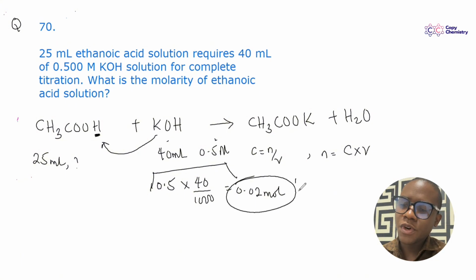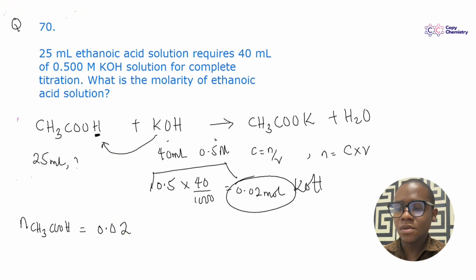So by implication, the number of moles of ethanoic acid must also have been 0.02. Otherwise, this reaction will not have taken place and they will not have given us this question at all. So that's it. Number of moles is that.